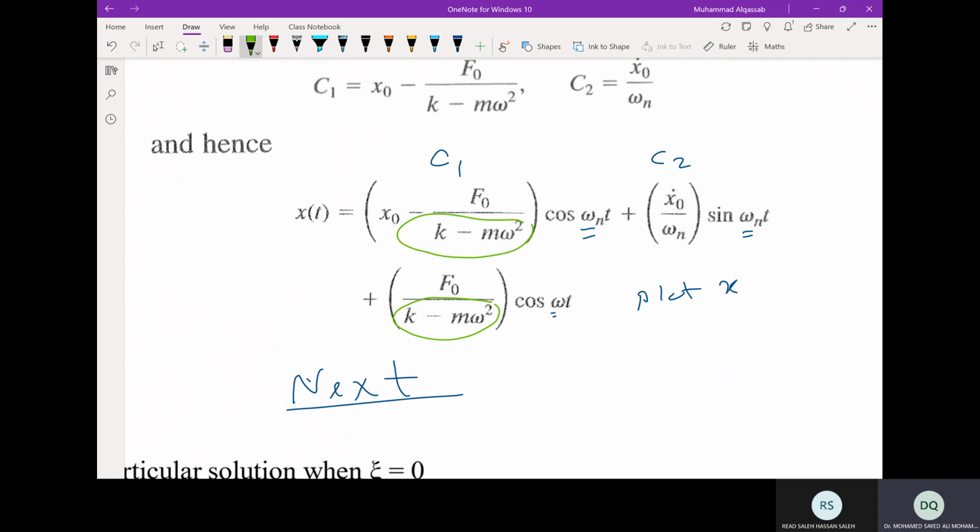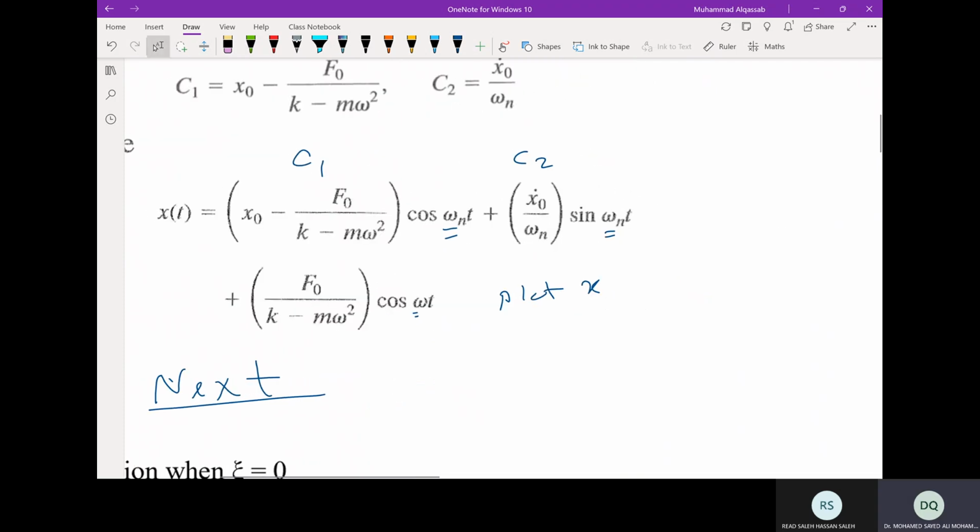So this is valid for all omega except for omega not equal to omega n.